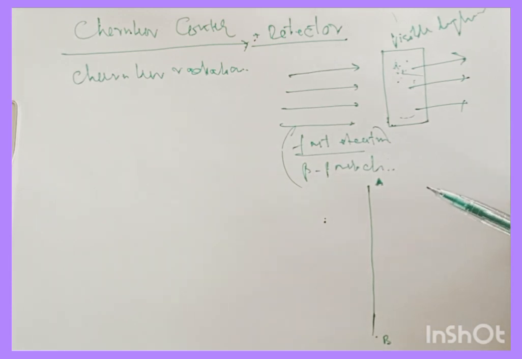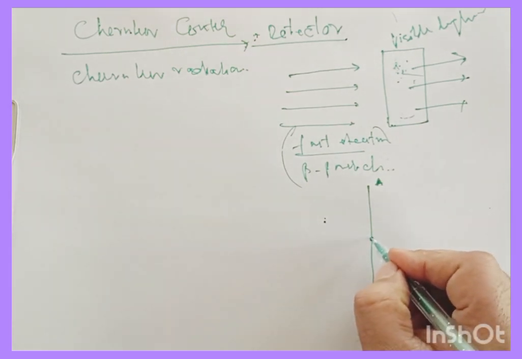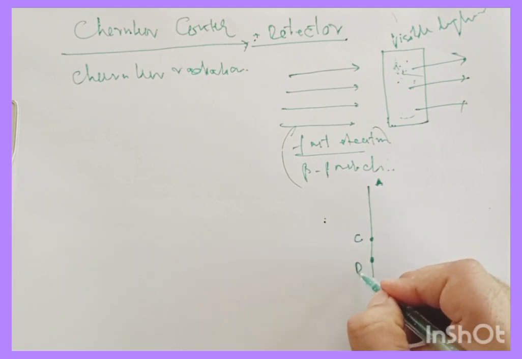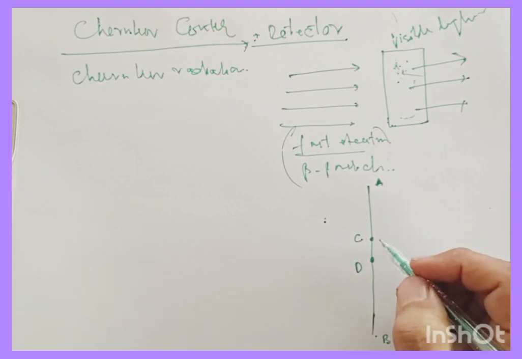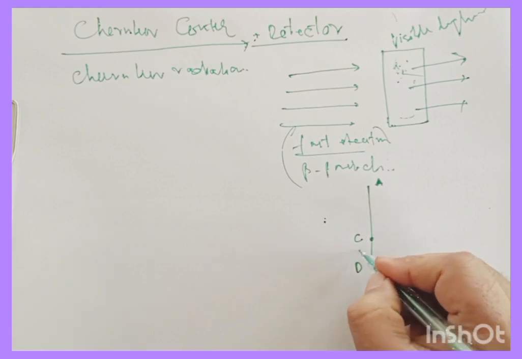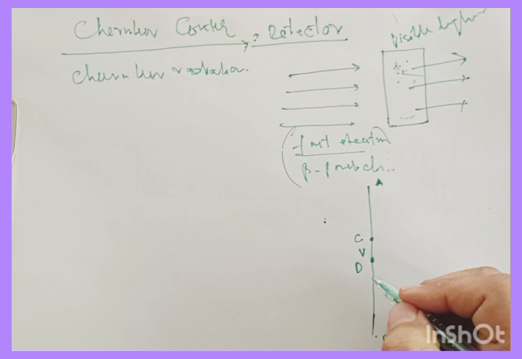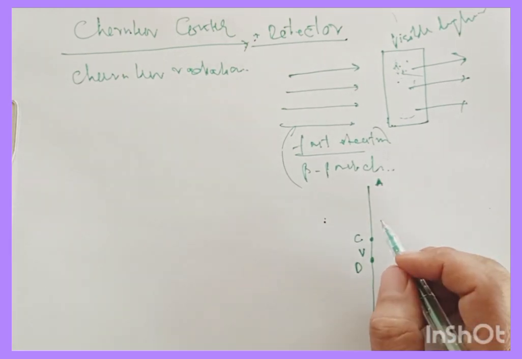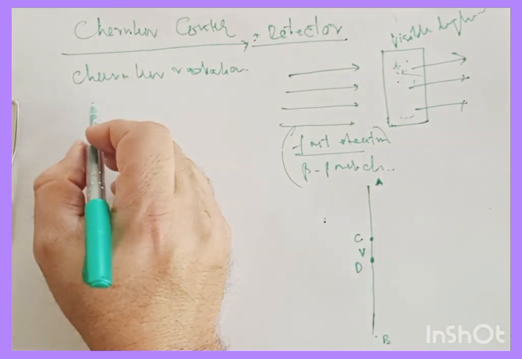So suppose the mean velocity of these particles over a small distance CD, which I'll choose here, is v. And the velocity of light in the medium is simply c by mu.